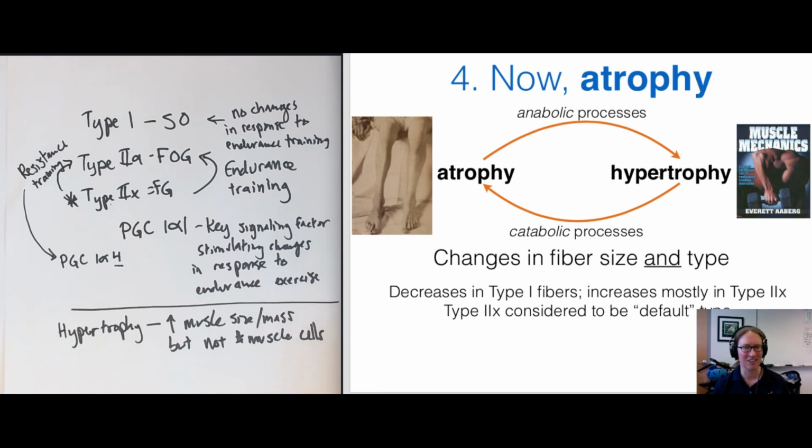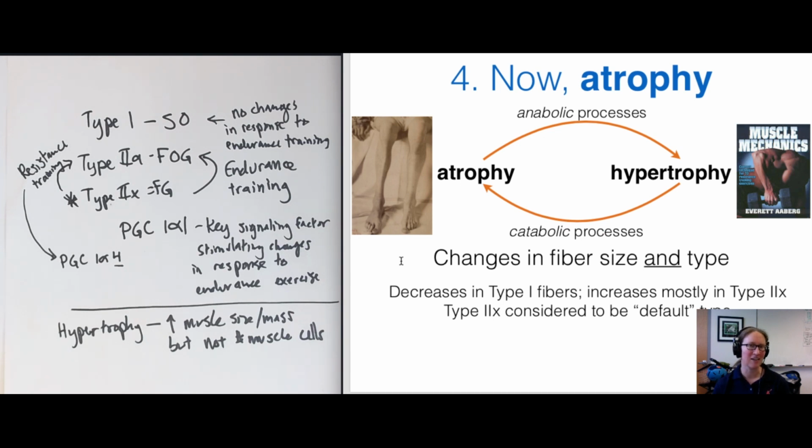Muscles are dynamic tissue where there's turnover, and so the relative rates of anabolic and catabolic processes determine whether a muscle is experiencing a condition of hypertrophy or atrophy.